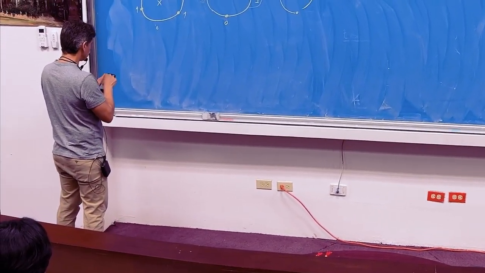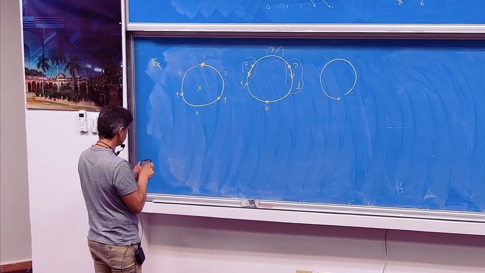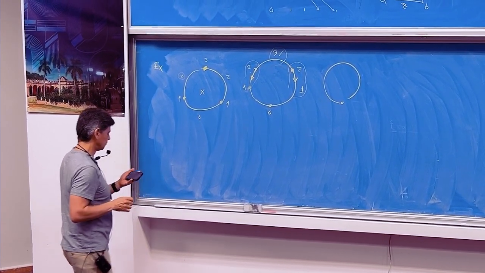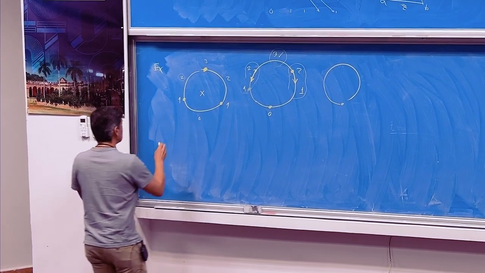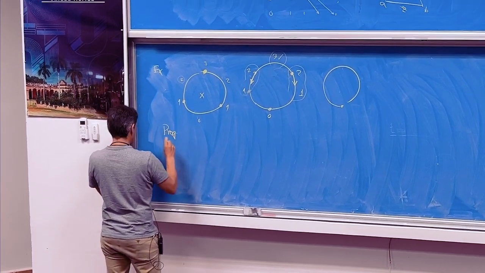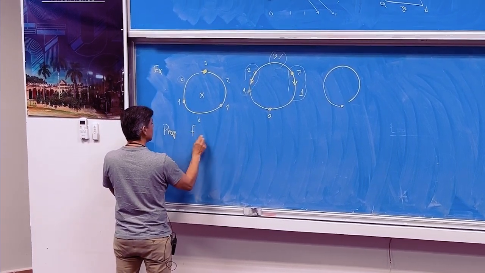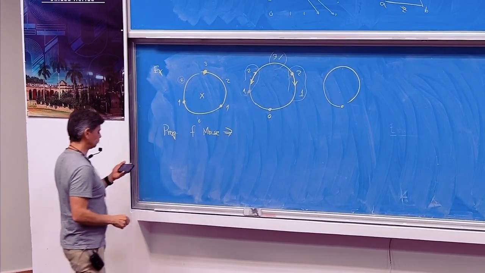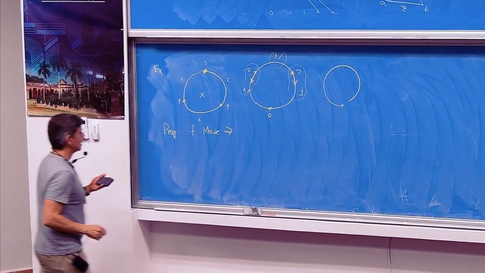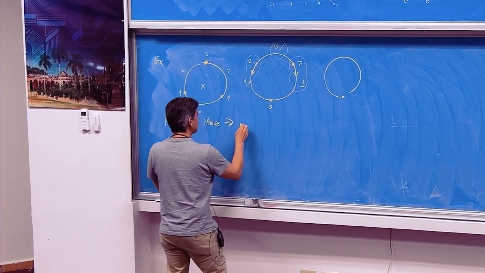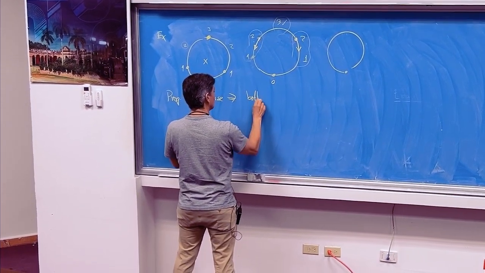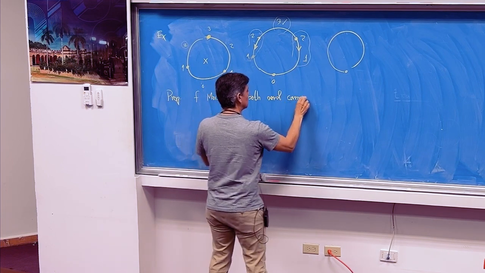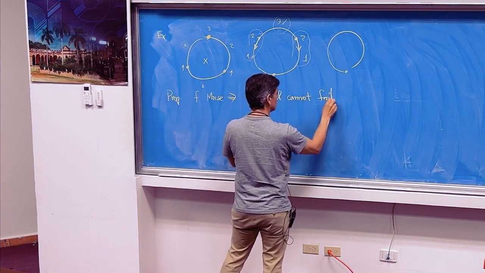So, the first proposition is that in this context, if F is Morse, then, this is actually a lemma, both conditions cannot fail.